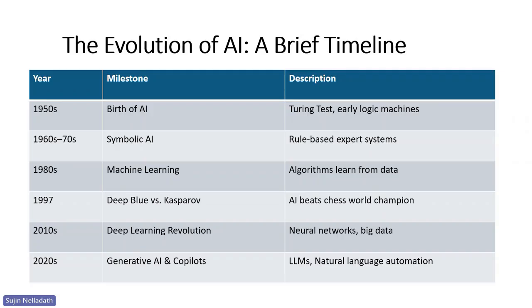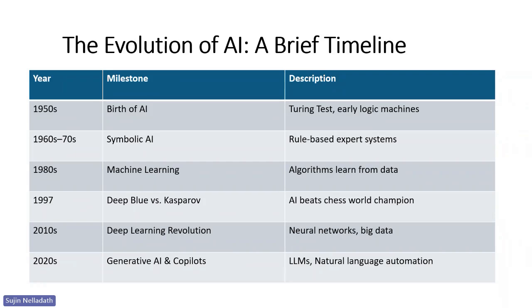Lots of evolution happened in AI. In the 1950s, the birth of AI happened, and there was something called the Turing test. In the 1980s, machine learning was invented. What we see here, generative AI or Gen AI, and Copilot, and many other things are happening in the 2020s. The latest one, obviously generative AI, happened in the 2020s, with LLMs and many things.